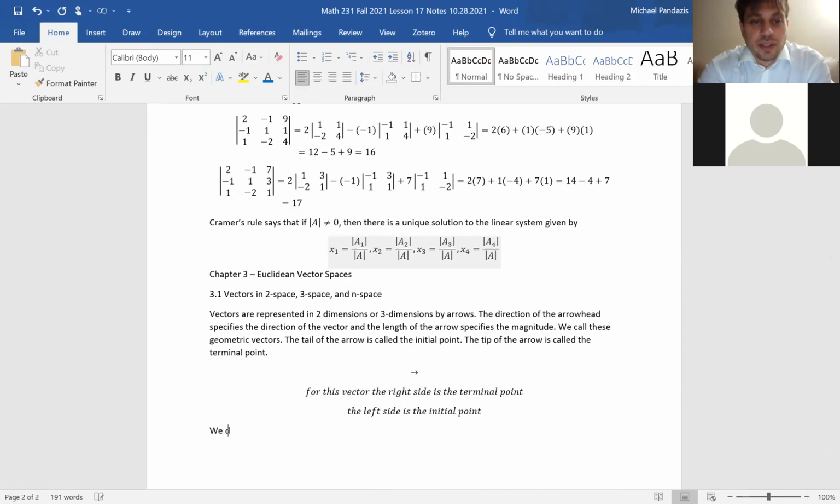We denote vectors in bold type, such as a, b, v, w, and x. Vectors will often be bolded like that to differentiate them from a regular letter.